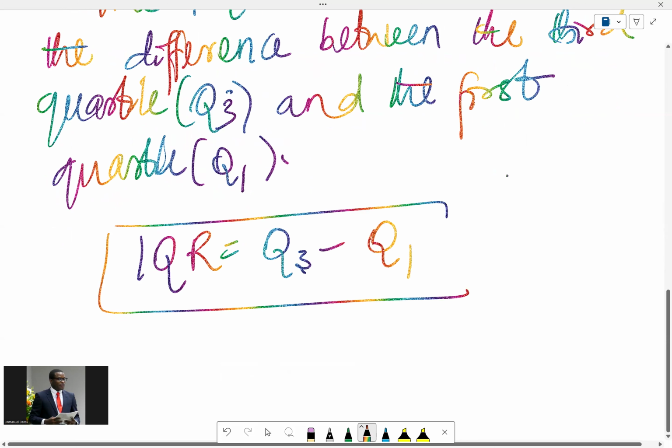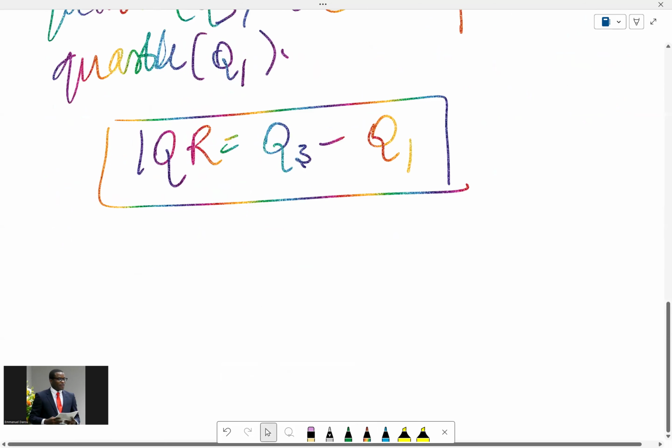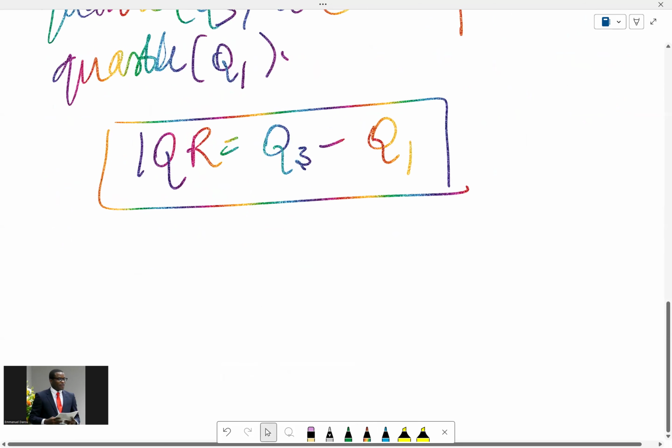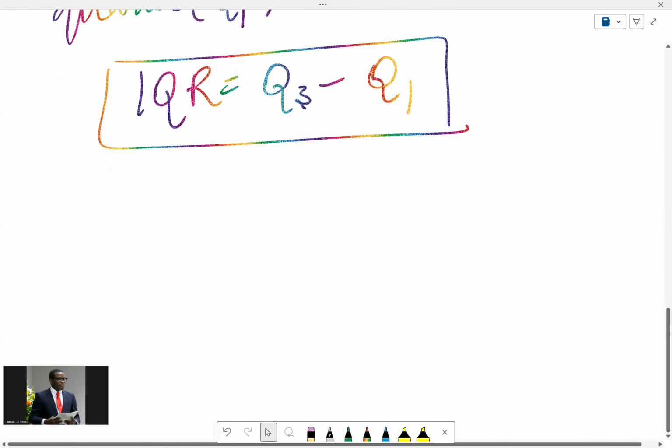Q3 and Q1 both have their formulas. In case you've not seen the video on measures of dispersion, you want to check that. I'm still going to refer to it here. So let's see how that goes.